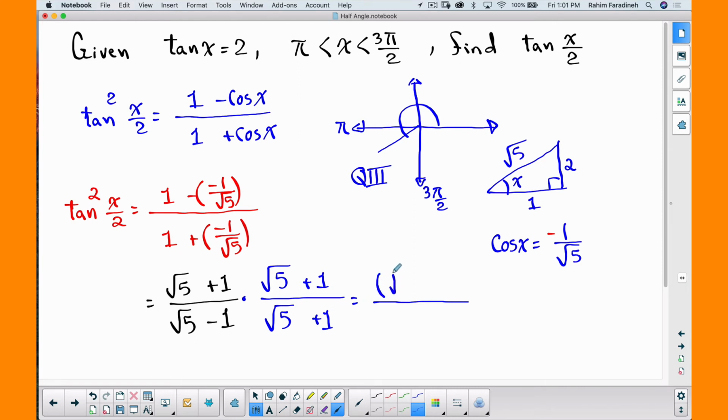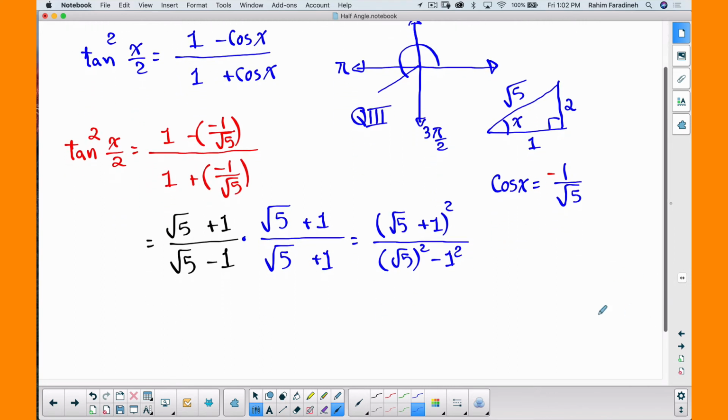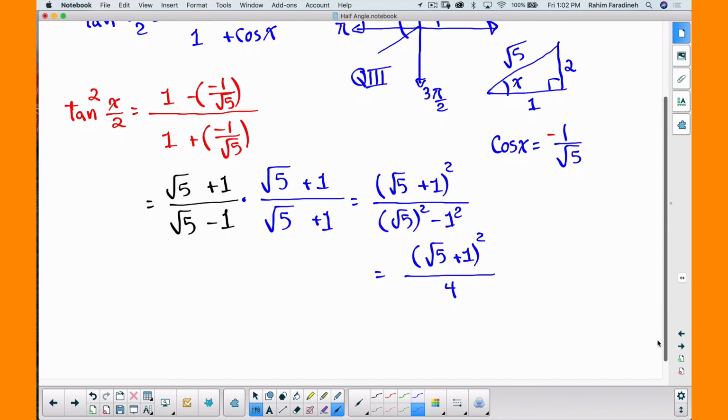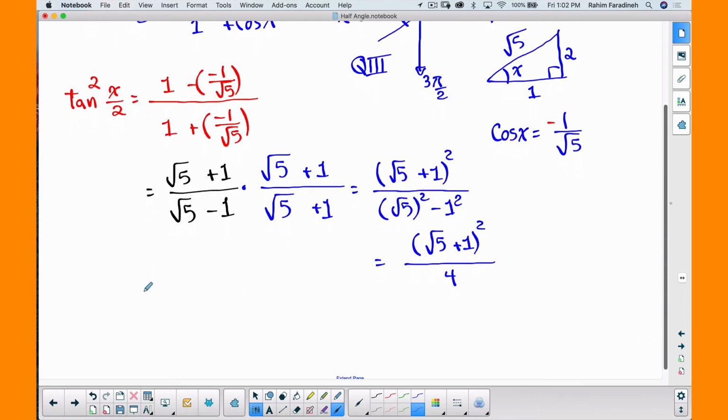This is simply radical 5 plus 1 quantity squared, but the denominator becomes radical 5 squared minus 1 squared, which is basically the difference of two squares. So keep the numerator the way it is, simplify the denominator, and that becomes 5 minus 1, which is equal to 4. Now this is the answer for tangent square of X over 2.